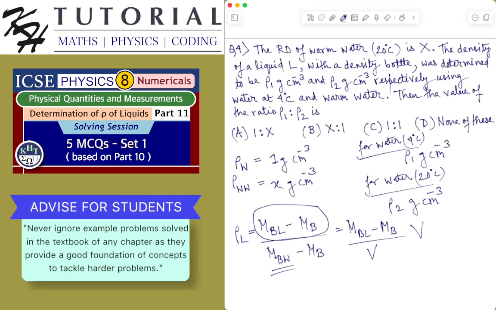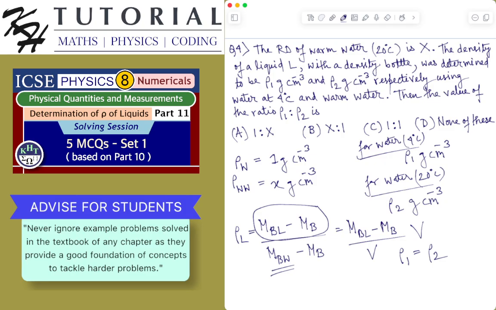So in this whole formula for rho L, the density of the liquid L, since the mass of the liquid L is not changing, and also the volume of the density bottle is not changing, the density in both the cases will be same. So clearly rho 1 has to be equal to rho 2.